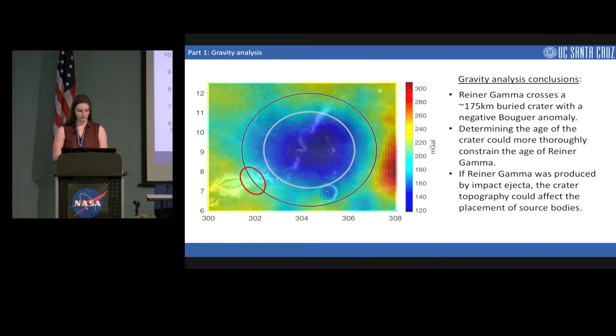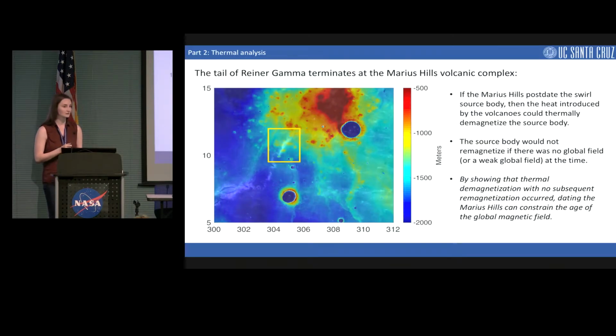So moving on to the second part now, not to confuse you with my color maps, this is showing topography now. These are the Marius Hills, which is a very densely erupted volcanic complex on the moon. And again, here is Reiner Gamma shown coming right up to the Marius Hills.